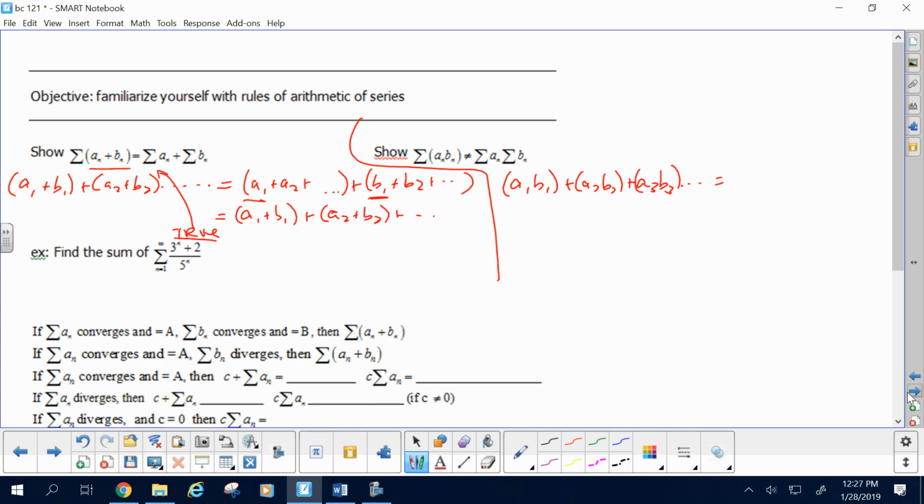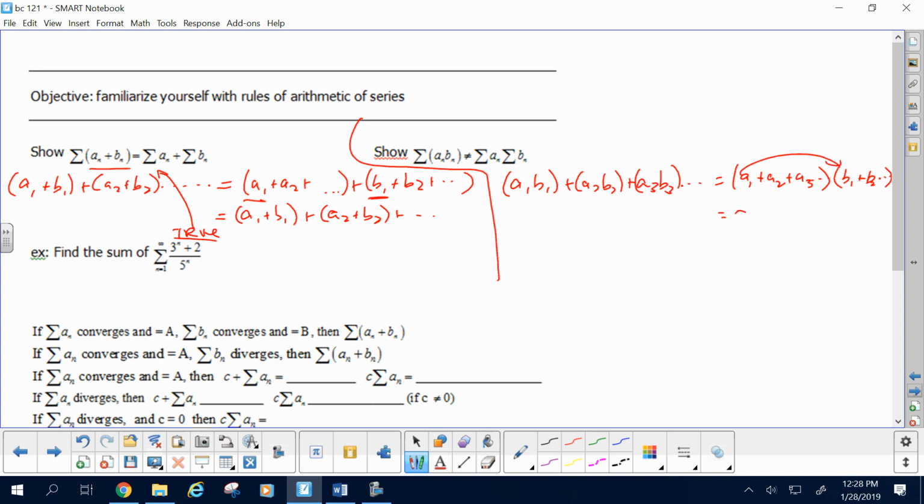Okay? On the right, we're talking more like the infinite series A sub n, which is A1 plus A2 plus A3, and then times B1 plus B2 plus B3. Now, if you look at the right, there's a lot more going on. If I were to clean up the right side, I wouldn't just get A1B1.